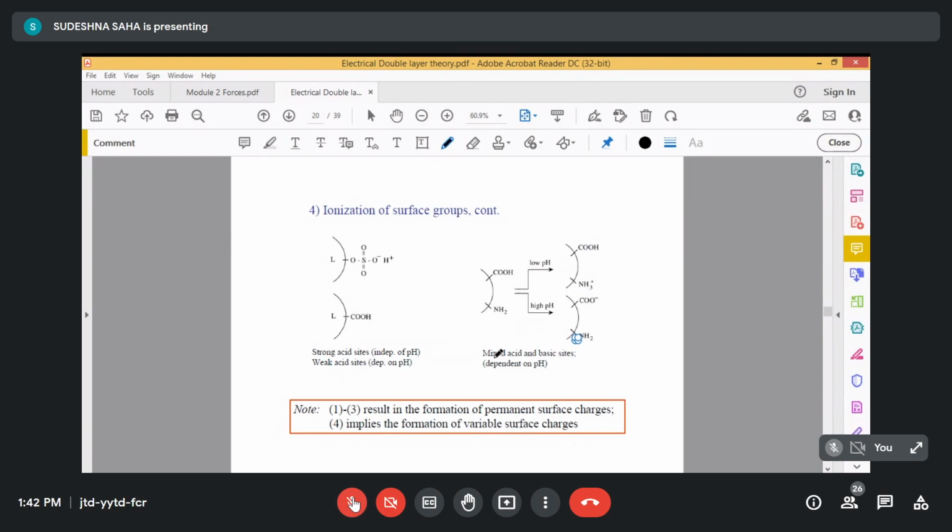So there will be mixed acid-base sites which will be dependent on pH, and these are the examples when you have specifically either strong acid sites or weak acid sites. So this is basically SO3 minus groups, and this is basically COO minus group.